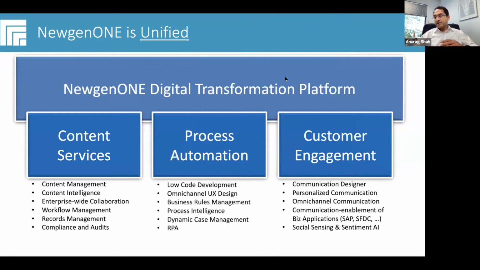And then there are those complex and content-centric use cases where low code must include additional capabilities. On the screen you see three pillars: the pillar of content, the pillar of process automation, and the pillar of customer engagement. These are the three pillars which combine into Newgen One low code.